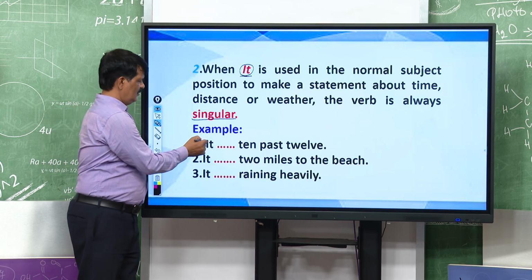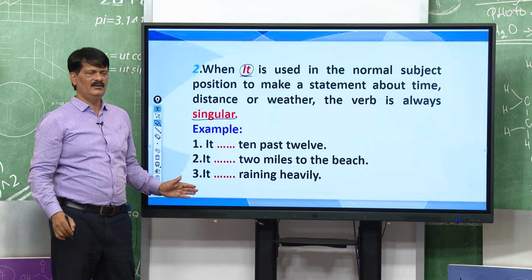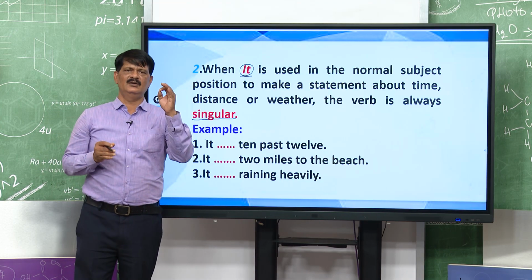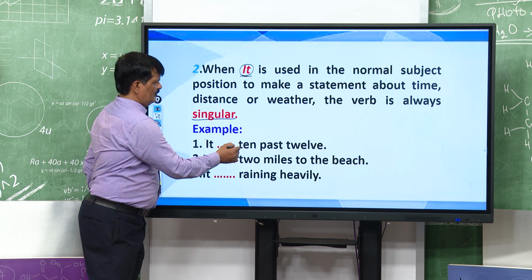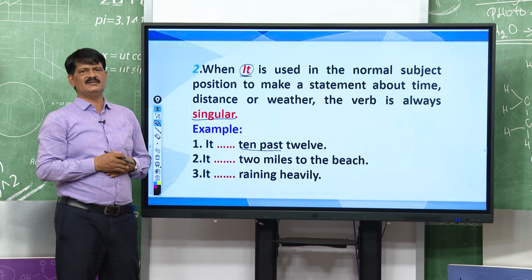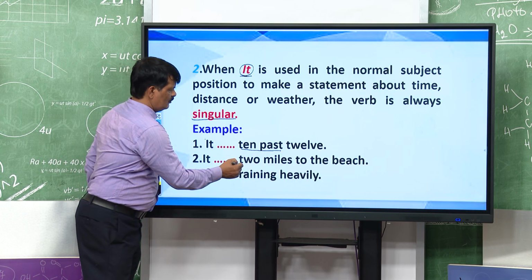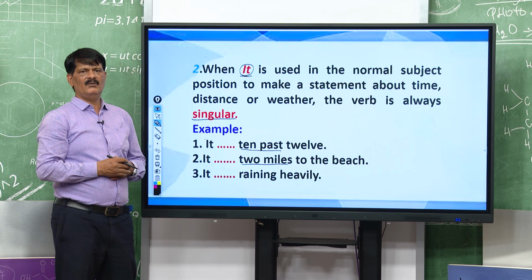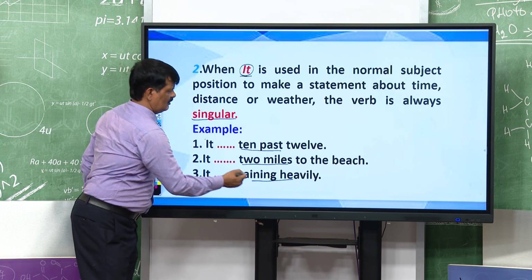In examples 1, 2, 3, it is in the subject position. In the sentence "it is 10 past", it is time. Here "it is 2 miles", it is distance. And "it is raining heavily", it is weather.